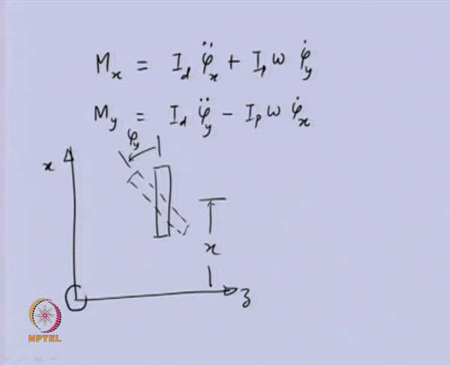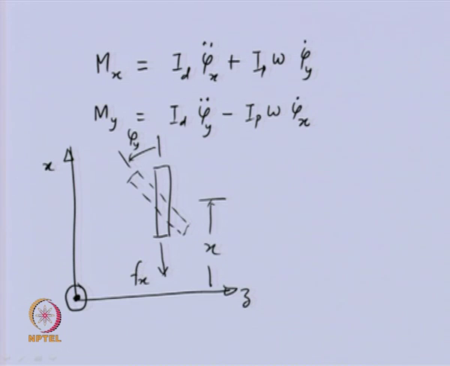The y axis is perpendicular to the screen and is coming outside the screen. This point is representing the tip of the arrow of the y axis, and because of these displacements we will be having Fx in the downward direction, opposite to the displacement. Similarly, this is the elastic force which is coming from the shaft.